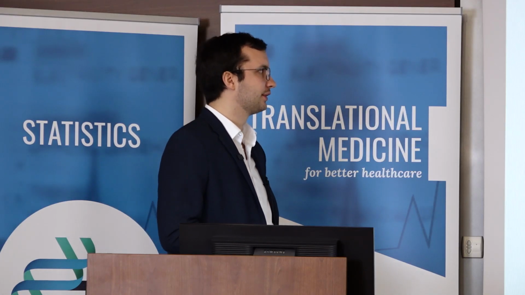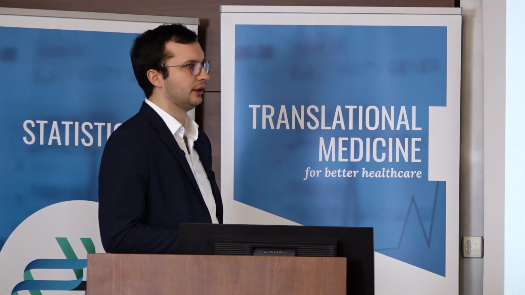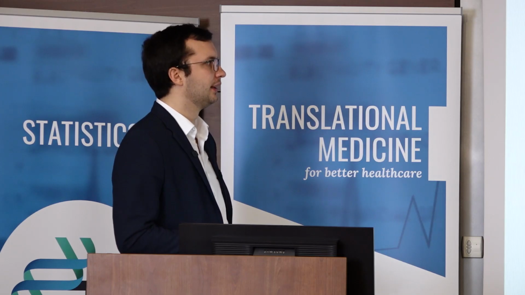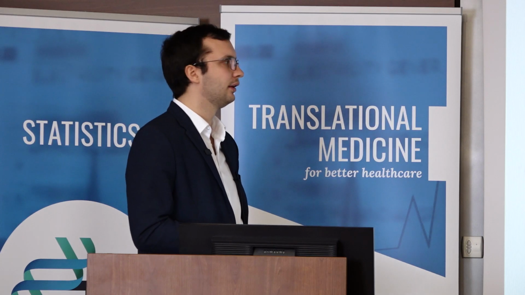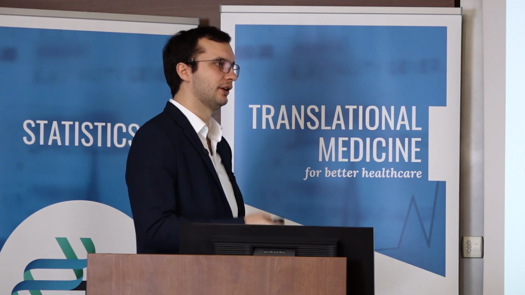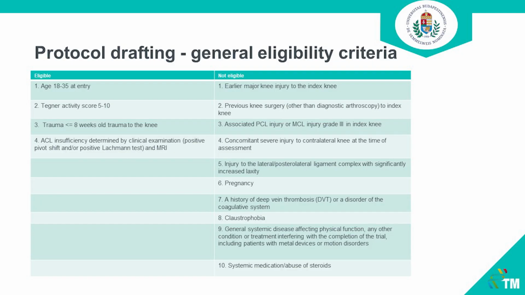Yes, thank you for the question. This is why we made our eligibility criteria 18 to 35, and this Tegner activity score indicates a population which is active. A higher BMI is also an exclusion, but the Tegner score makes sure that these are active patients. 10 means professional sportsmanship, and 5 means a hobby sportsman.